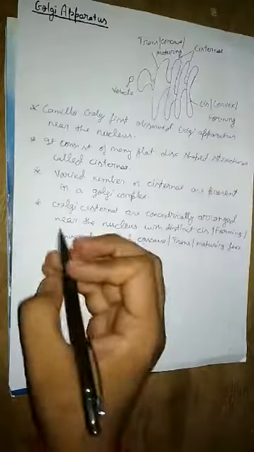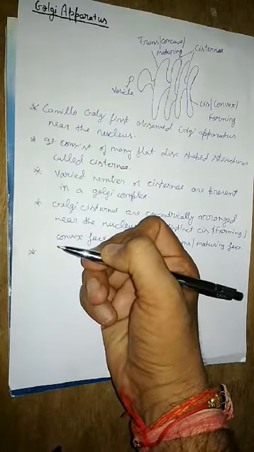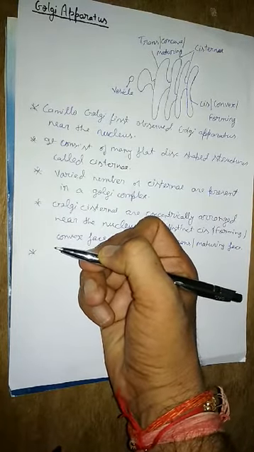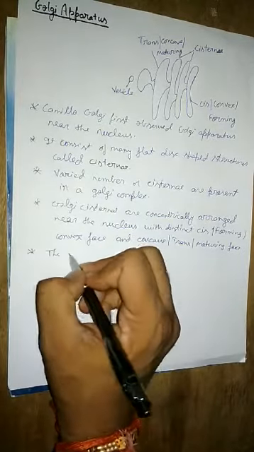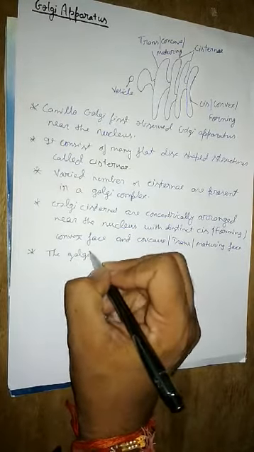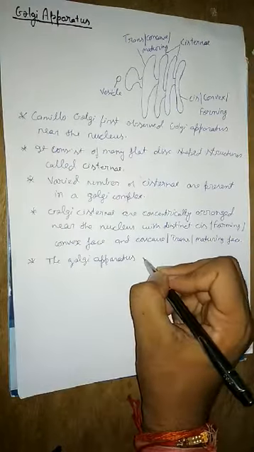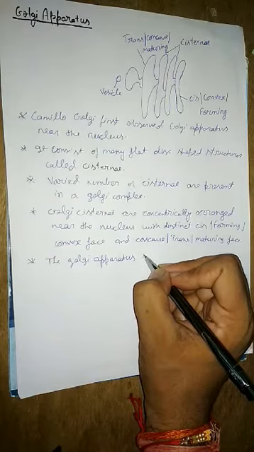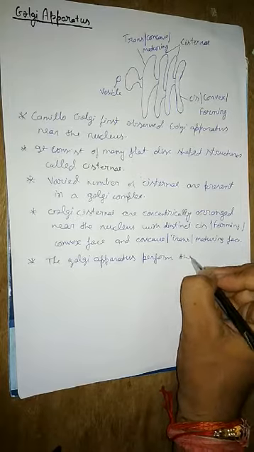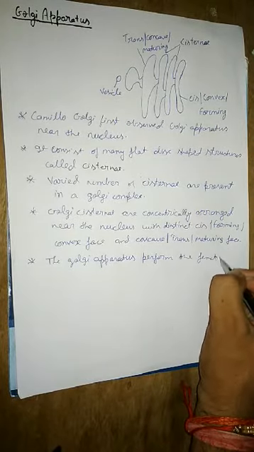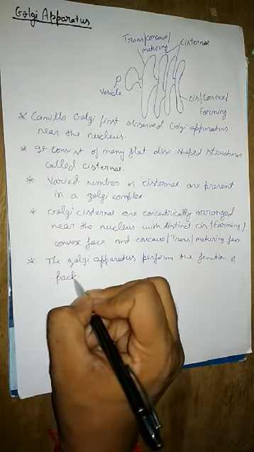Clear? Now you write down the function of Golgi apparatus. The main function of the Golgi apparatus is packaging materials. The Golgi apparatus performs the function of packaging materials.